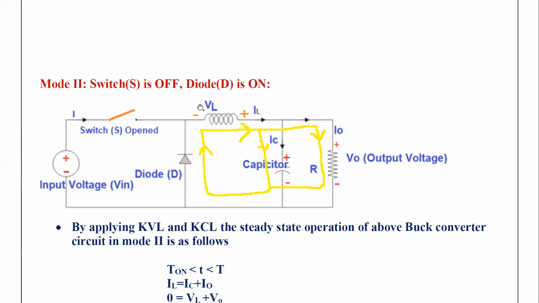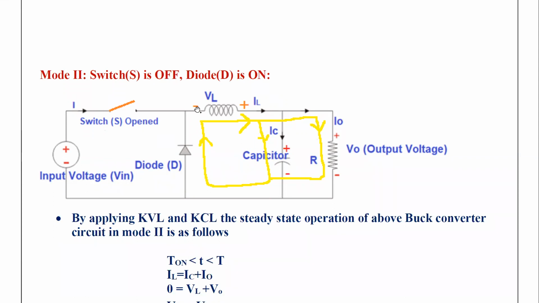Now during mode 2, switch S is off and the diode is on. Let us see how it will be. In mode 2, when the switch is off, this entire source is disconnected from the circuit. Therefore, the current will be flowing through these two loops only, because during turn on time the inductor stores some amount of current, and once the source is disconnected, the inductor acts like a source.